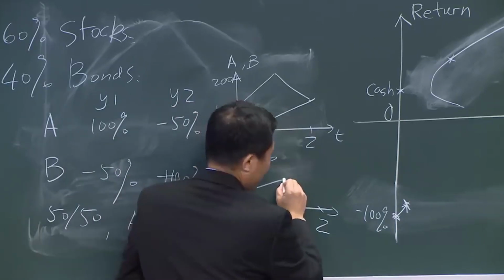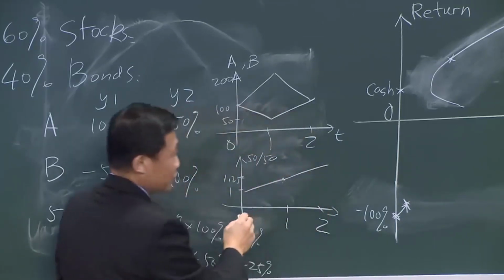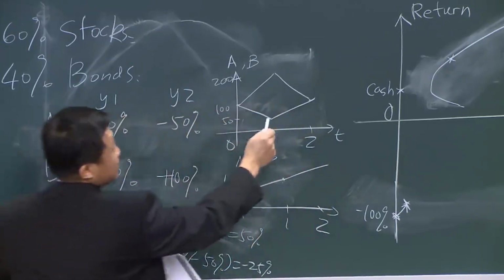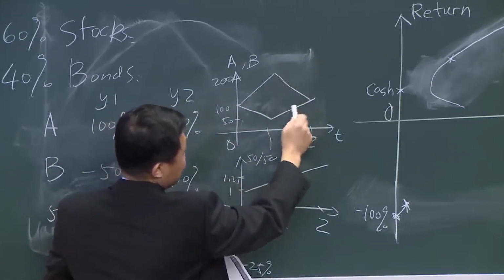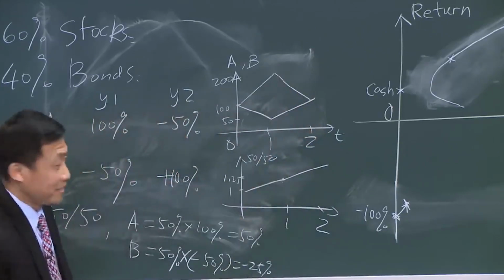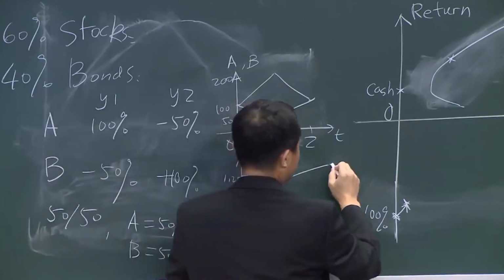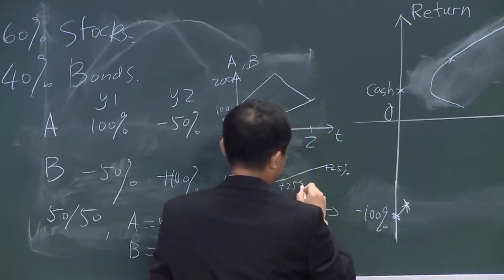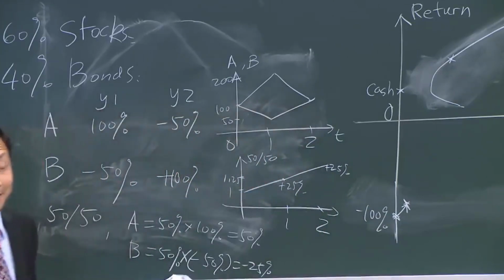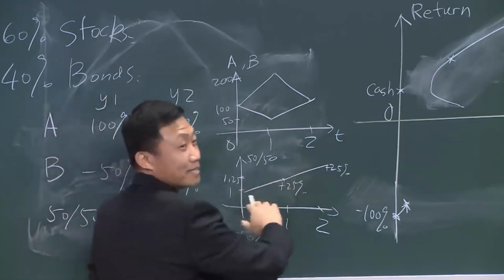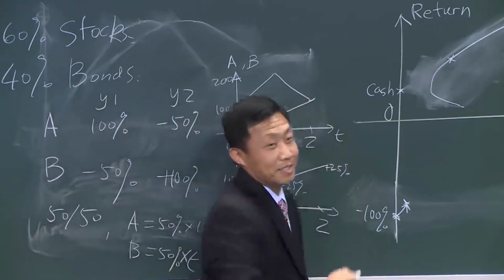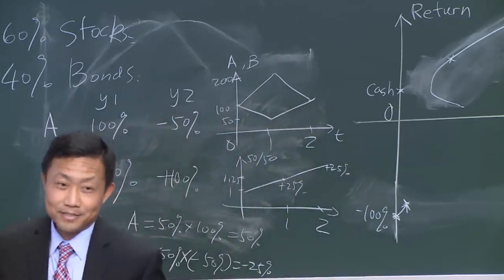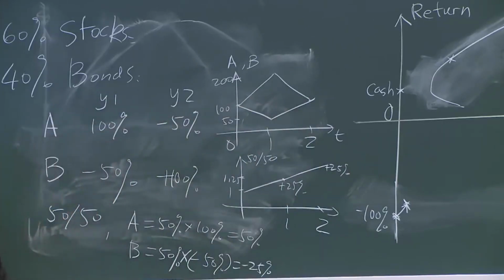But what happens in the following year, when this comes back 50% and this goes up 100%, you return another 25% positively without volatility. So you have a straight line. You can keep going, so this two-year is the so-called diversification benefit.